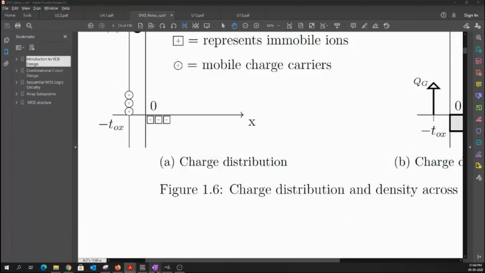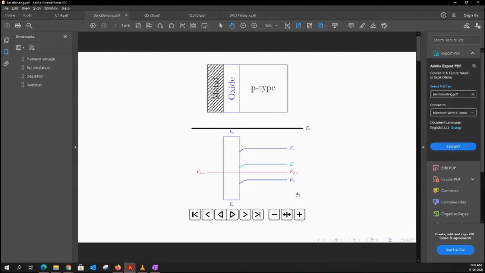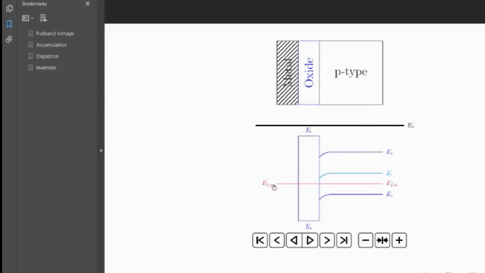Before I talk about that, I just want to emphasize this. Potential energy can be written in terms of voltage. So when I apply a negative voltage, the energy will rise up. This can be discussed with respect to our p-type semiconductor.